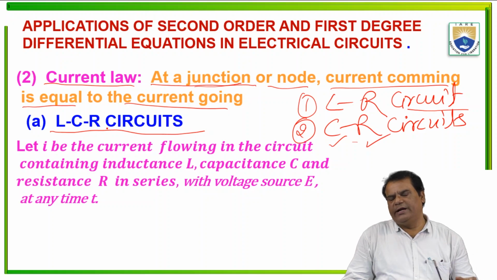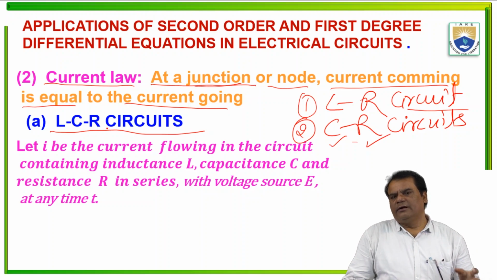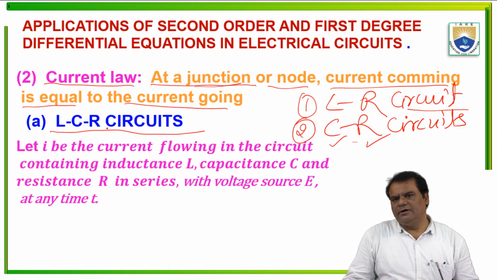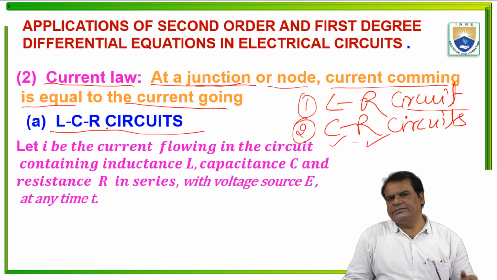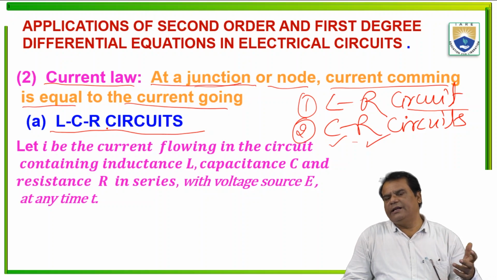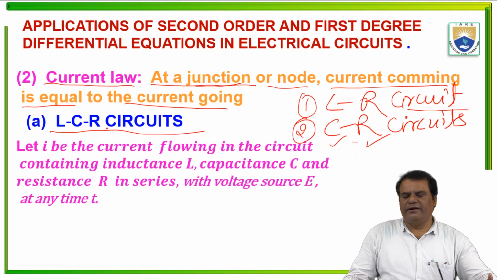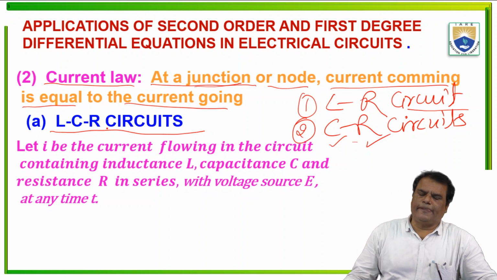There are three components: inductance, capacitance and resistance. If a circuit has only two components, for example inductance and resistance or capacitance and resistance, then we can apply only first order and first degree differential equations.